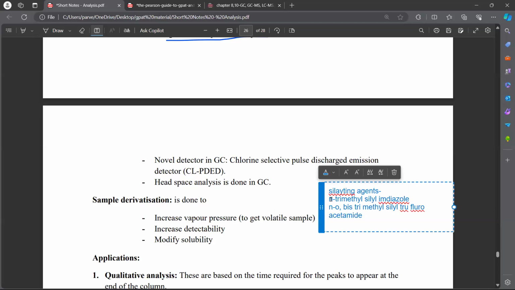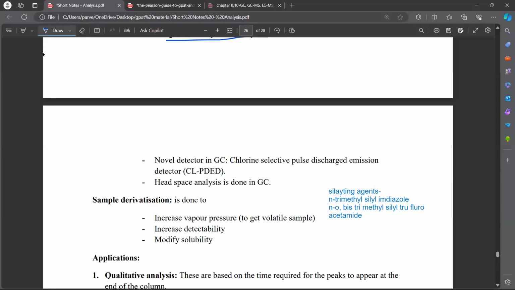Another one is the same, bis trimethylsilyl acetamide, but here you remove the trifluoro. So these are the different silylating agents which are reacted with our sample.